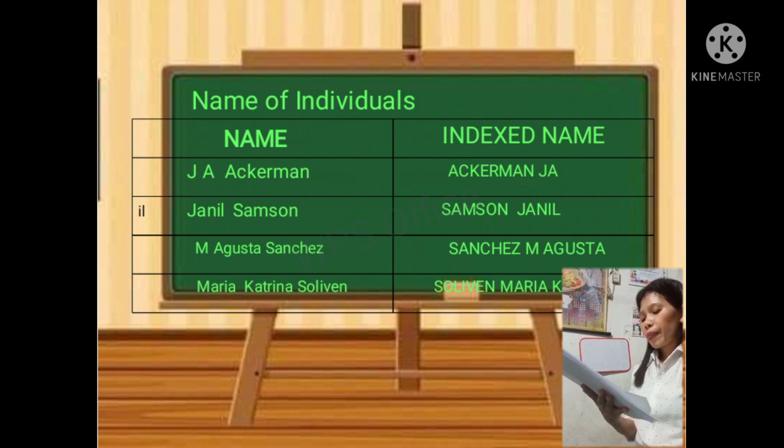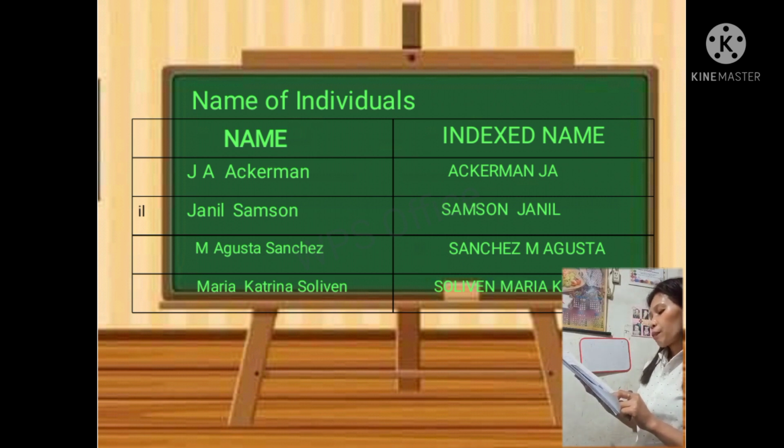Next is M. Augusta Sanchez. The index name is Sanchez M Augusta. Next is Maria Katrina Sullivan. The index name is Sullivan Maria Katrina.